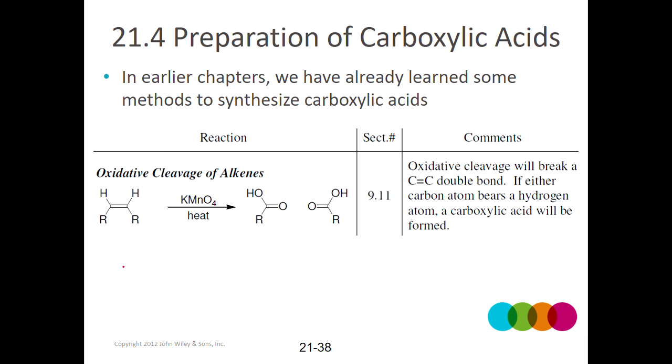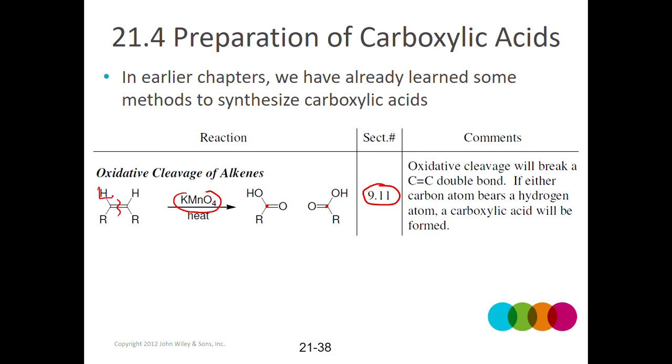And then the last thing we're going to talk about quickly here, I know we're almost out of time, pretty much out of time, but just to tack on a little bit more here. To review, we've talked about a couple reactions that produce carboxylic acids. One reaction we talked about last semester, we haven't talked about lately, is a strong oxidizing agent can completely cleave an alkene and then oxidize the two carbons of the alkene fully to carboxylic acids.